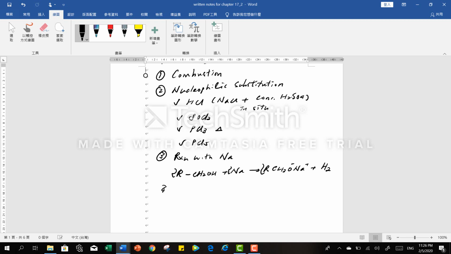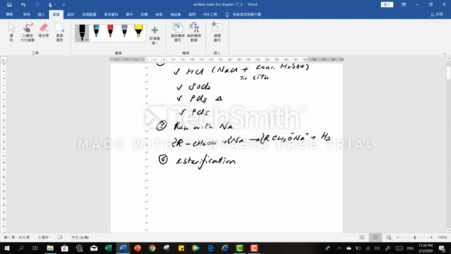Okay? And the fourth one is esterification, right? Esterification is we need an alcohol and then we need a carboxylic acid. So the catalyst, I repeat so many times, is concentrated sulfuric acid together with heating.